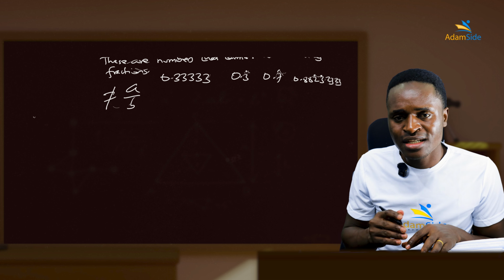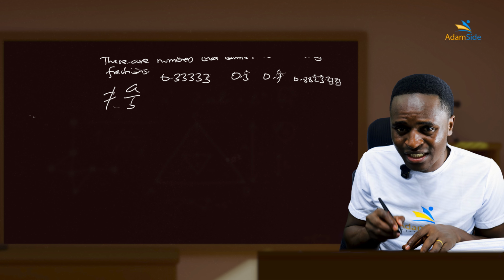How do we convert irrational to rational?